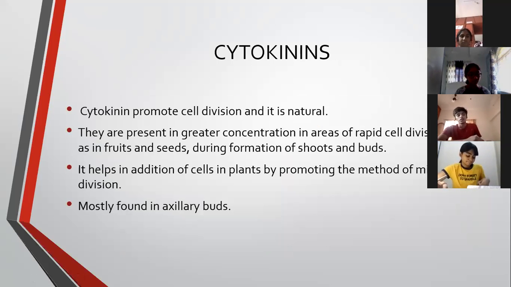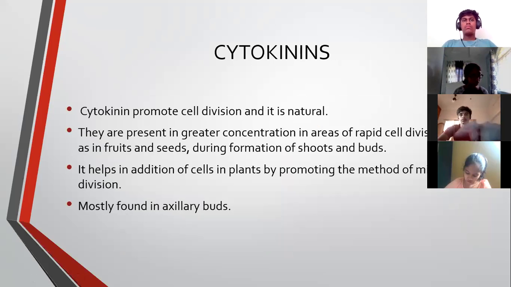Cytokinin helps in cell division. That's why I was so specific while explaining auxin, that auxin helps in cell elongation. Cytokinin helps in cell division. Both of them result in growth of the plant, but the contribution towards the growth of the plant is in a different way. Now cytokinin, wherever it is present, it is always responsible for faster production of new cells.